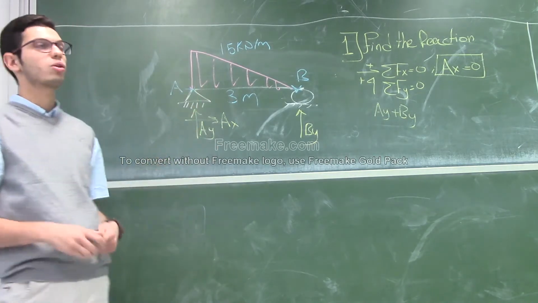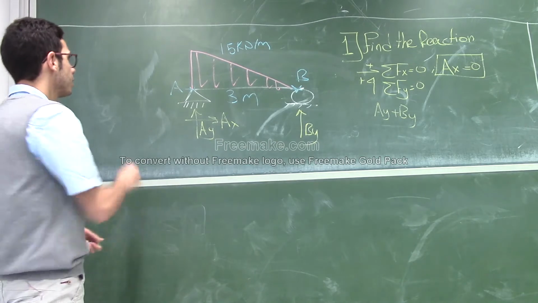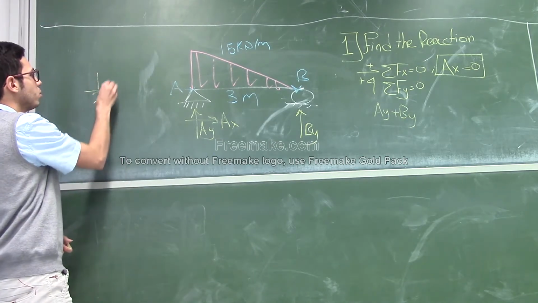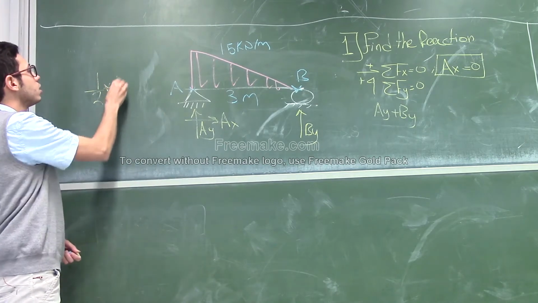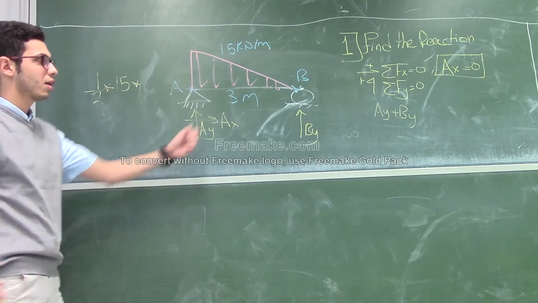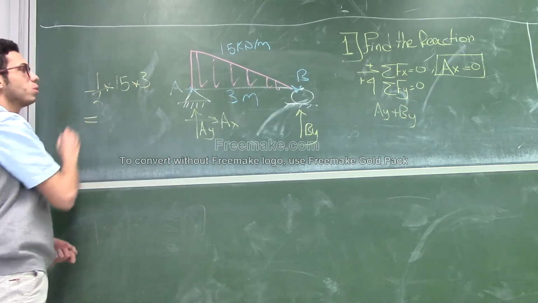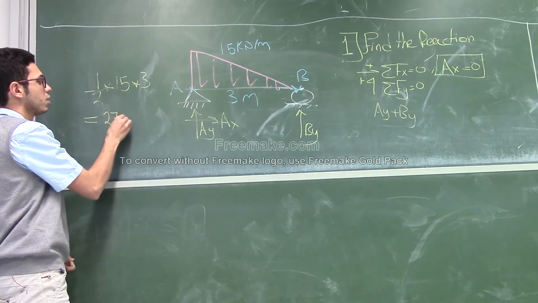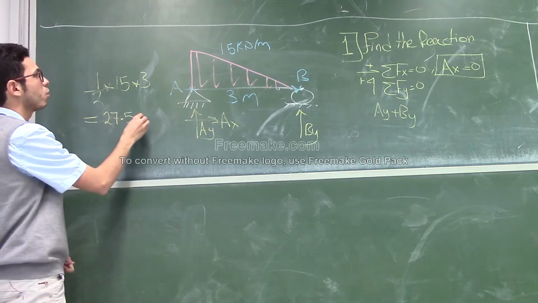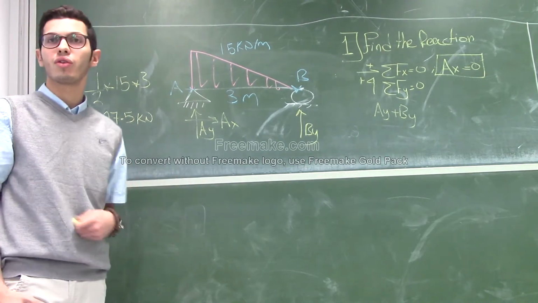So what should we do with it? 1/2 multiplied by 15, the magnitude of the load, multiplied by the distance, 3. And this is equal to 45 divided by 2. We find the magnitude of it.